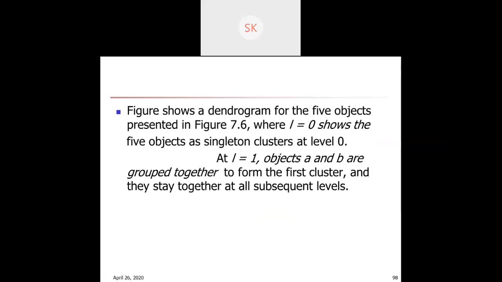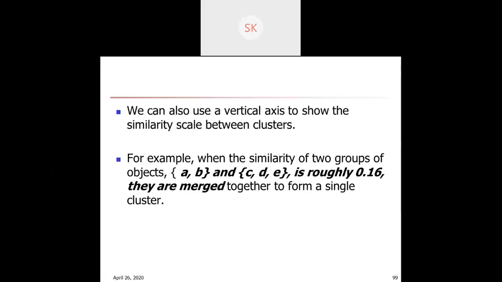Detailed explanation of this: the figure shows a dendrogram of five objects presented in figure 7.6. At level 0, it shows the five objects as individual clusters. More widely used measures for the distance between clusters are as follows.